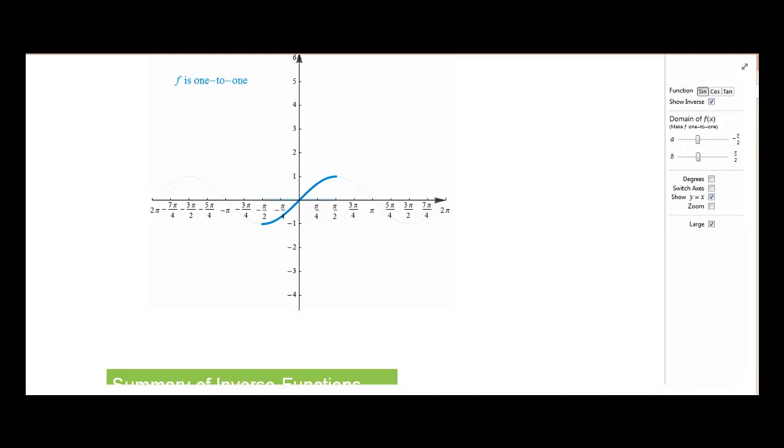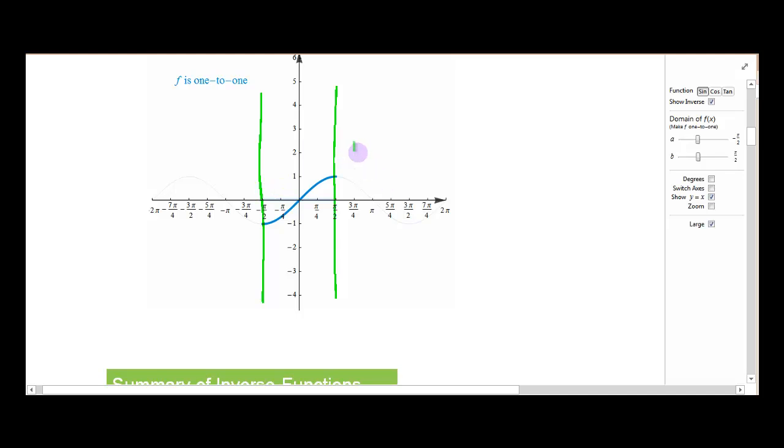But what if, instead of looking at the entire picture of my function, I only want to look at a portion of this function between, let's say, negative and positive pi over 2? If I only look at this small piece of this sine function, you can see that it is one-to-one because I'm not looking any further to the right of the right-hand bound, and I'm not looking any further to the left of the left-hand bound. So I just forced this sine function to be restricted so that I could then say that it does have an inverse.